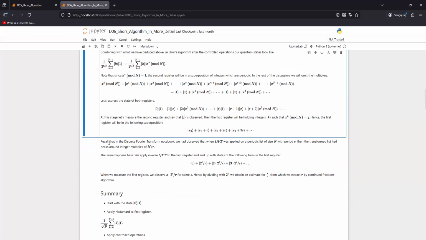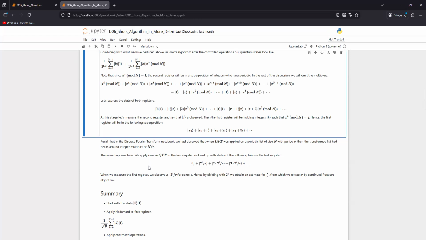And here we have the thing I also talked about when I was talking about the discrete Fourier transform. You will have some kind of a periodic list, which will have the peaks around some n divided by r, so it will have the remainder equal to 1 if we divide n by r.